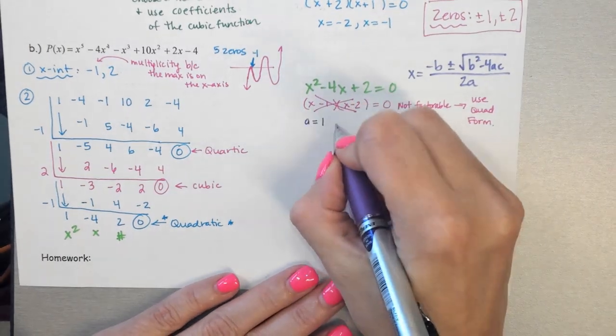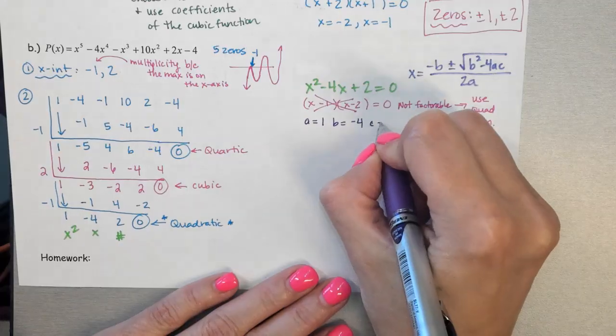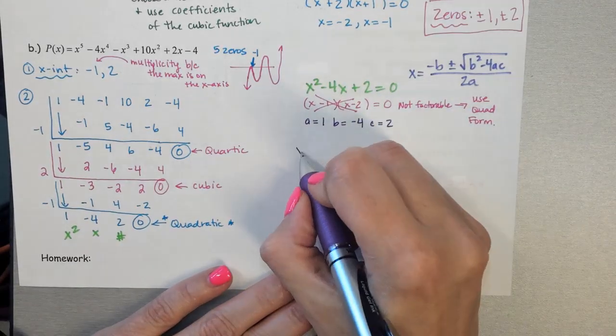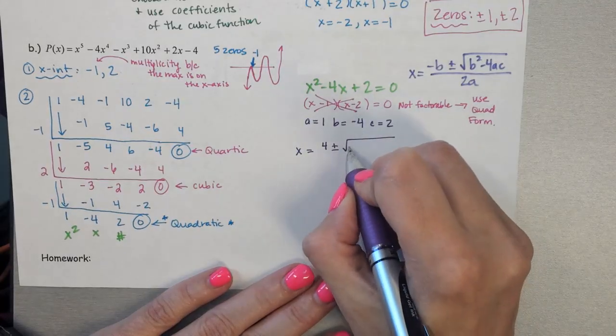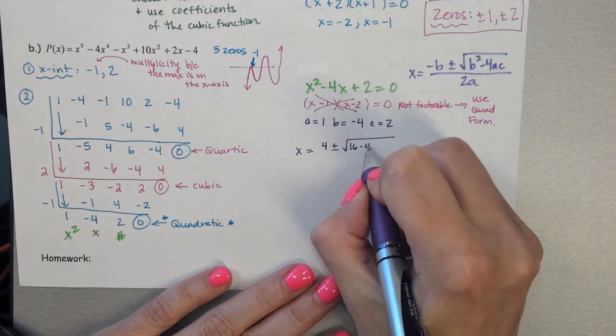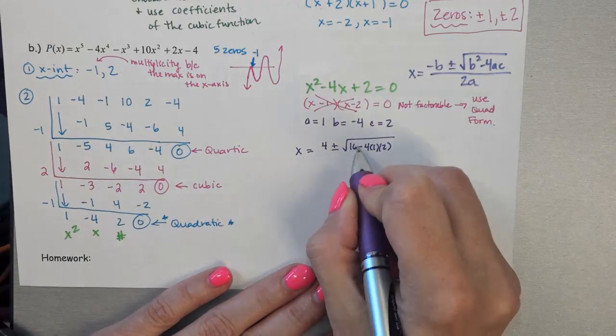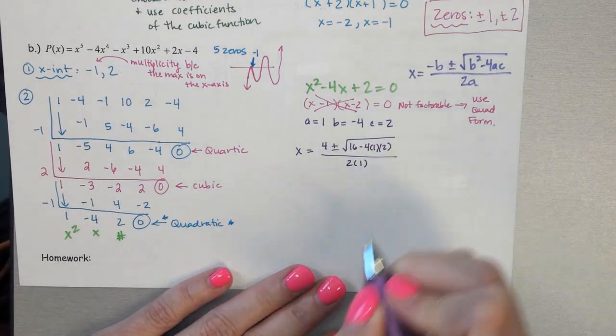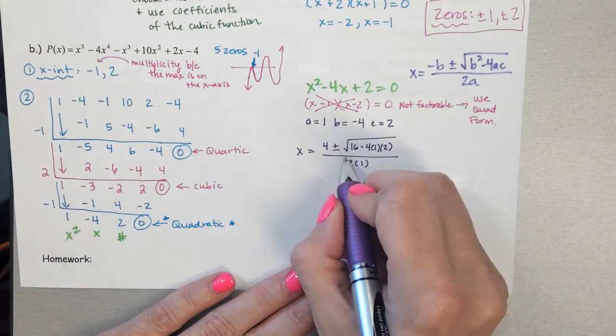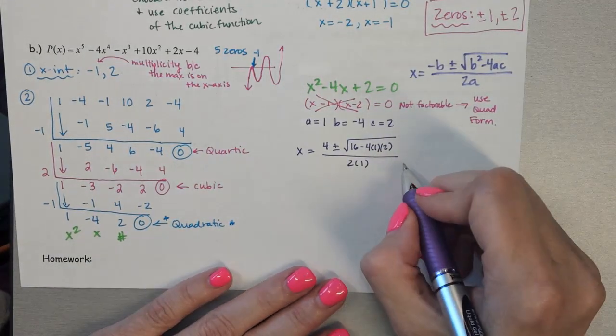Okay, so our A is 1, our B is -4, our C is 2. So 4 plus or minus. I like to do the 4 squared in my head, and then I write out the 4AC, just because I know that sometimes this is going to turn into a plus, and I don't want to miss that. So here I have 16 minus 8.